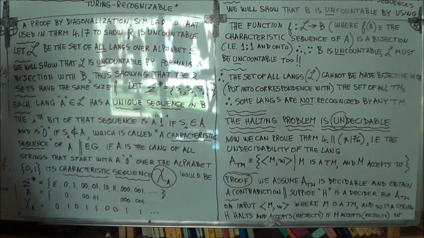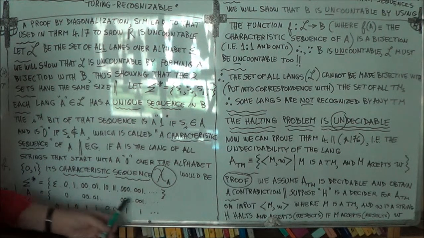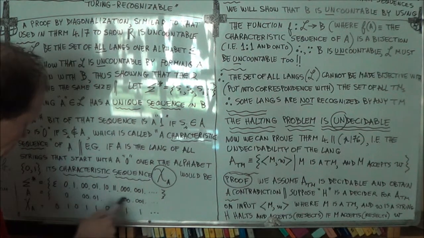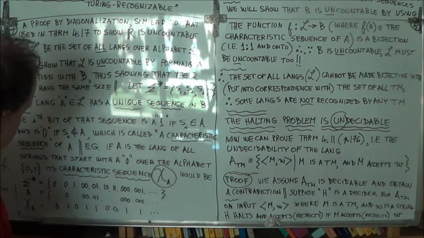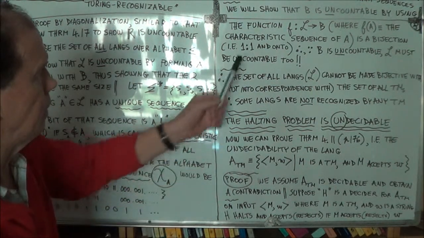The set of all possible languages, the set of all possible A's, you'd be modifying this appropriately. So for each A, you're going to have a chi-A.